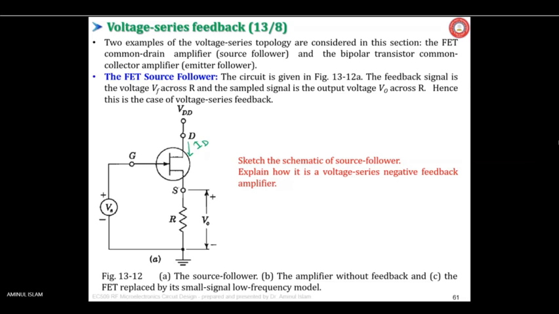Now, we know that in case of FET-based amplifier, the voltage in between these two nodes, what do you call? VGS, correct? In case of BJT, it will be VBE, right?